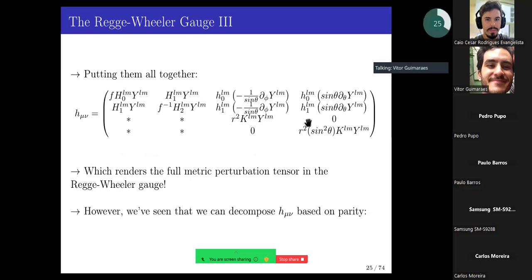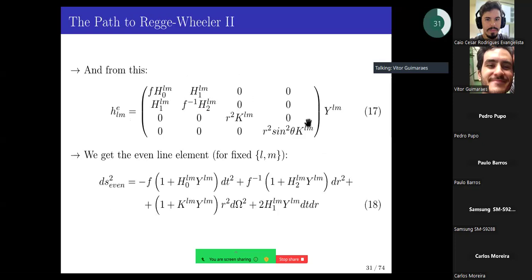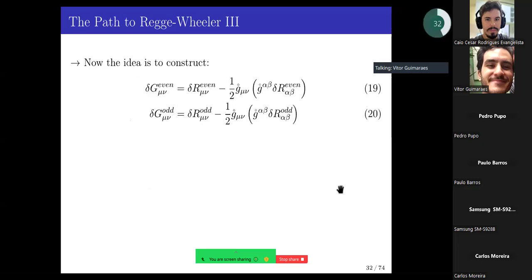Let me just remember where we were. So these are the two line elements, and with these two metric perturbations, we can construct the even part and the odd part of the metric.